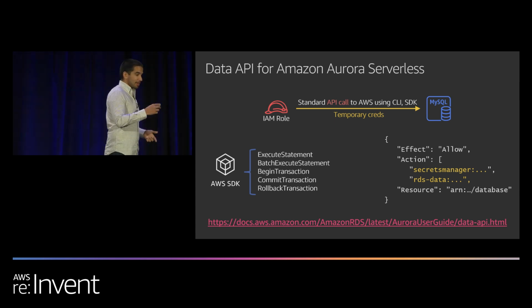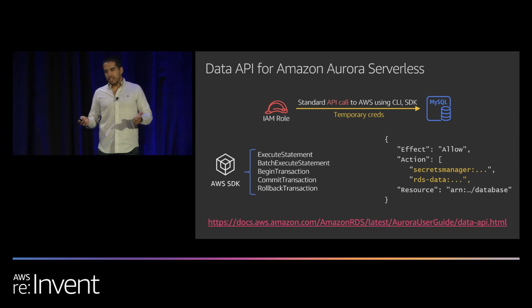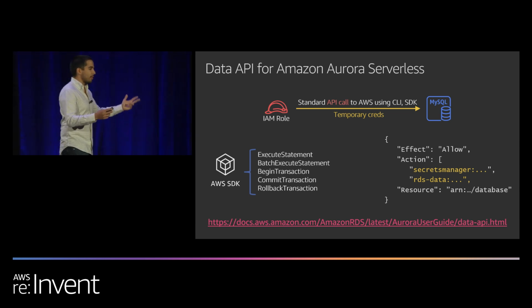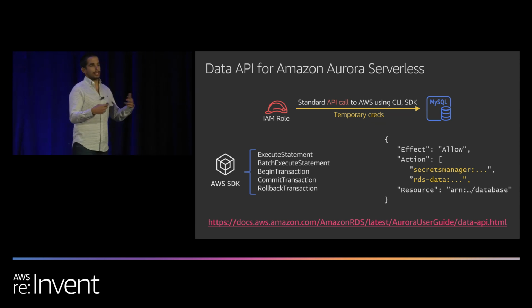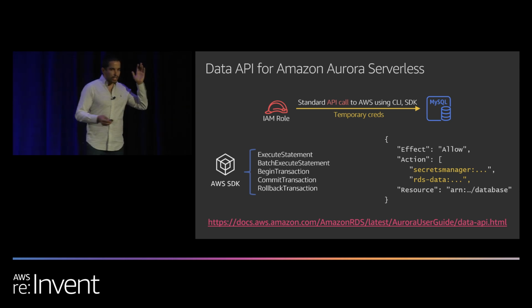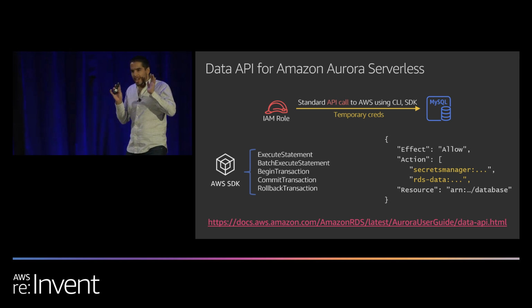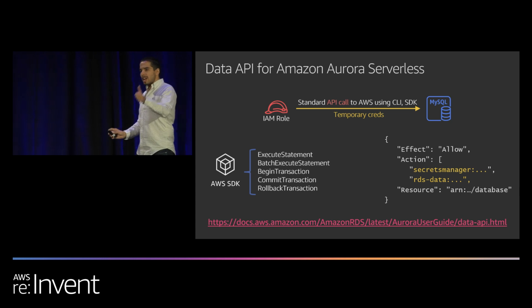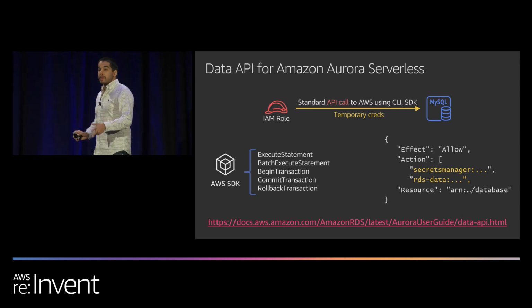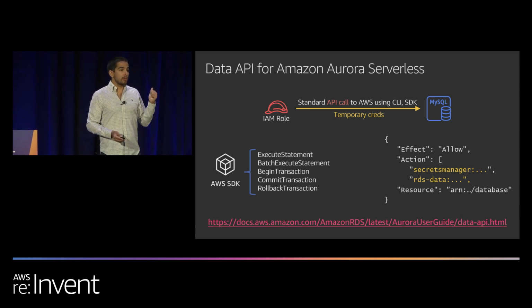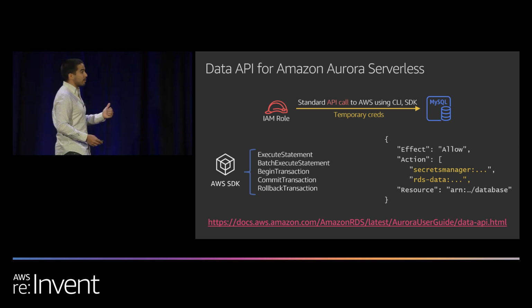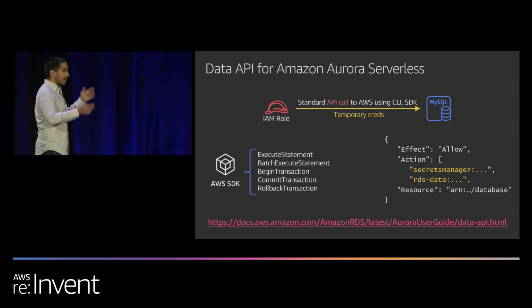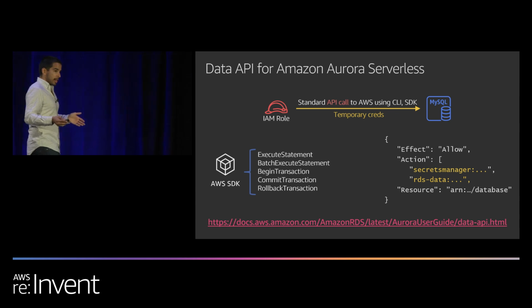Secrets Manager, because under the hood, we're not actually changing the way MySQL, SQL Server and Oracle databases work. They still work with these credentials, but we're managing all of that for you and giving you just an API. The same API you use for Lambda, for API Gateway, for DynamoDB, now you can use it as well for your relational databases. Very powerful. In that way, your application has become end-to-end serverless, end-to-end API-driven.